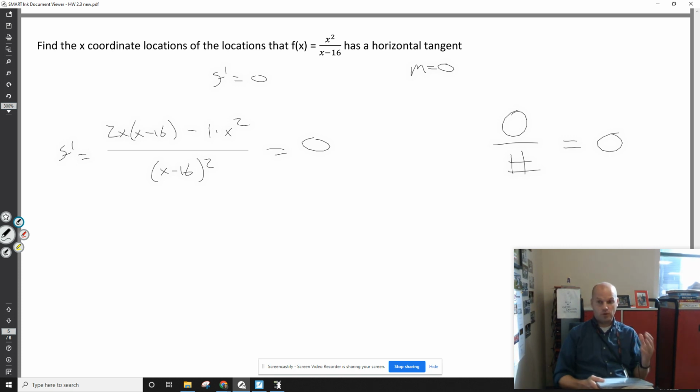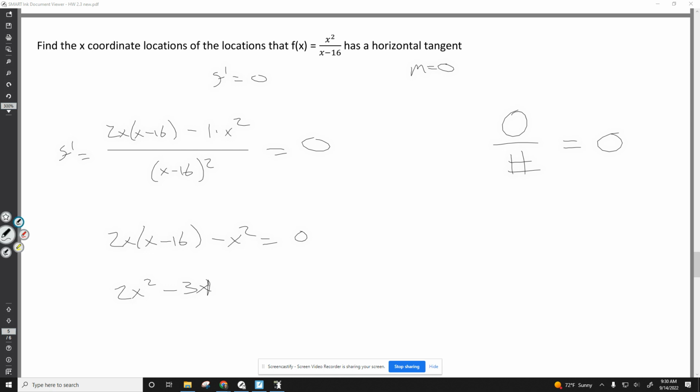It's a vertical asymptote. As long as an answer isn't 16, we're fine. I only have to pay attention to the numerator equal to 0. And that's easier to deal with.